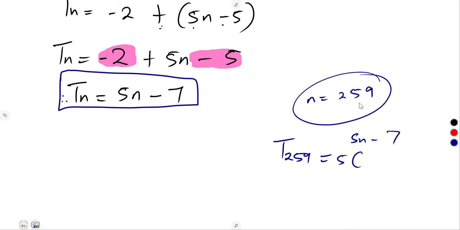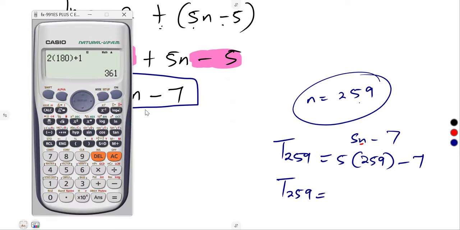That's 5 times our n. Substitute 259 in place of n. Here we're just going to need a calculator. Do not worry, just the bracket. So 5 open bracket 259 minus 7. Okay, that's a minus here.